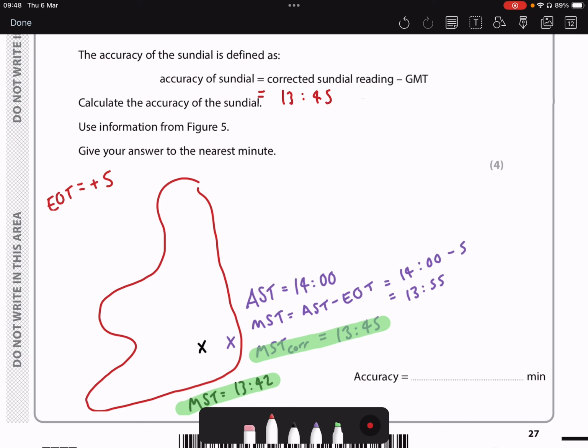I've corrected it with equation of time and I've corrected it with my longitude. But GMT is showing 1342. So the accuracy of the sundial is 3 minutes, which means that even when I've corrected it, it's still not going to give me exactly the correct value. The accuracy is 3 minutes.